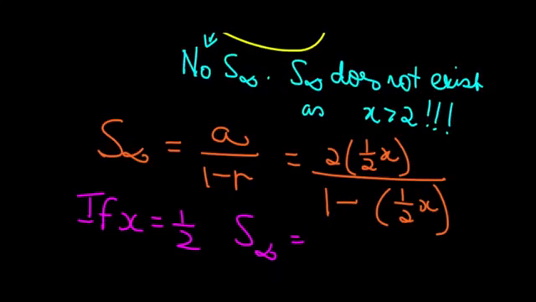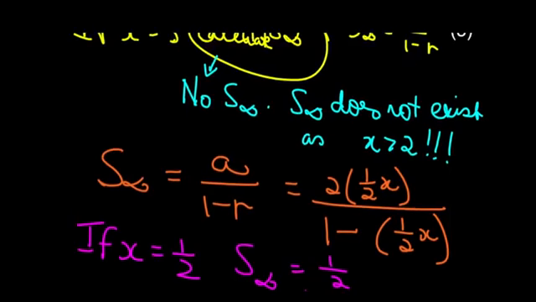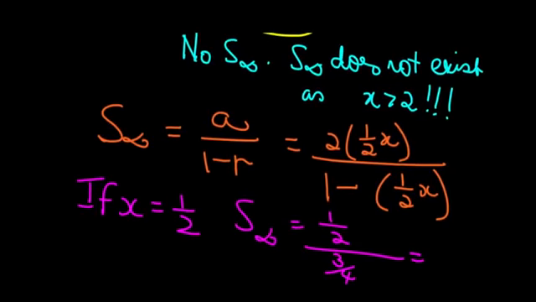So if x equals a half, then the sum to infinity is 2 times a half, which is 1, times another half would be a half, and then we're dividing it by 1 minus a half of a half, which is a quarter, so that would be 3/4, and so our sum to infinity would equal a half times 4 over 3, so that would be 2 over 3.